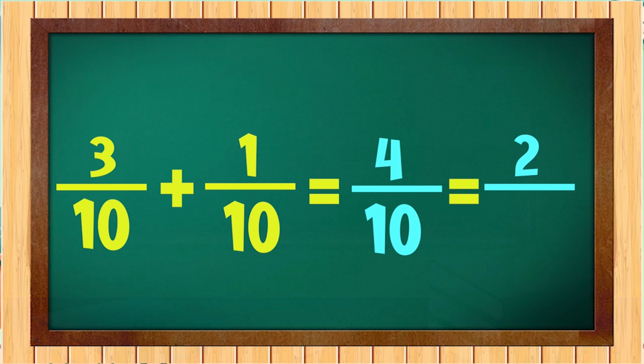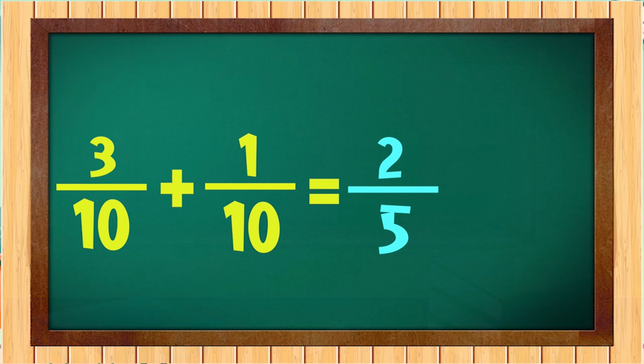Well, then you are correct. 2 into 4 will give us 2, and 2 into 10 will give us 5. Now we have our answer because it's in the simplest form. So 3/10 plus 1/10 equals 2/5. Let's do the final example.